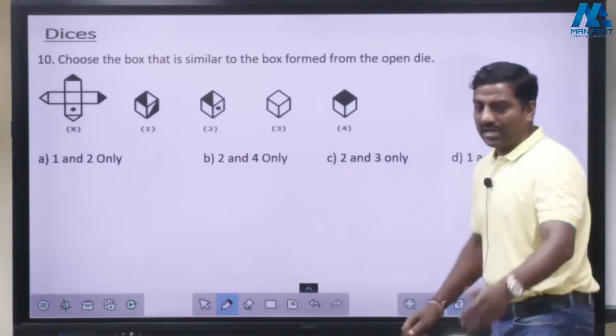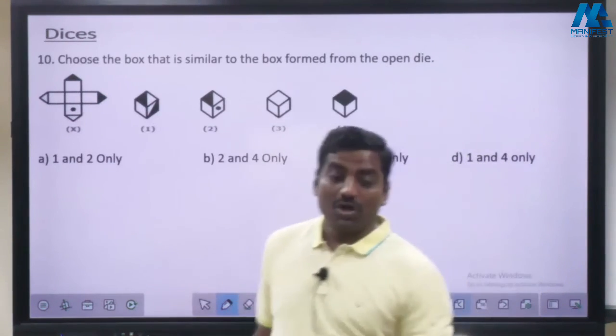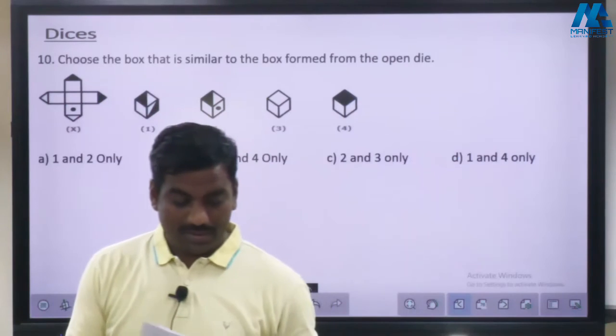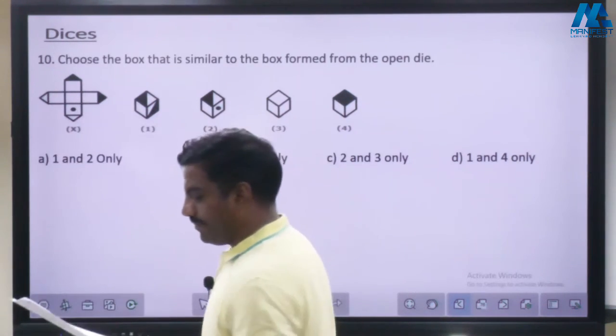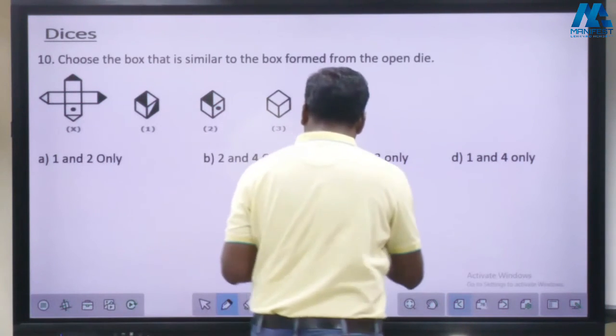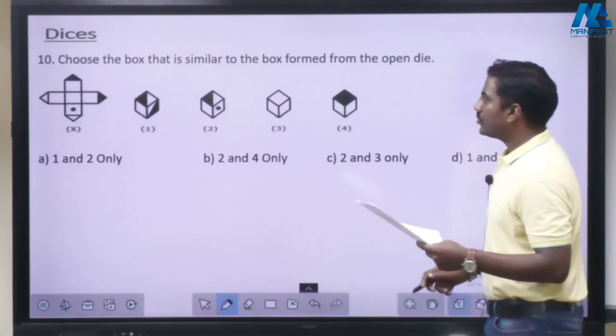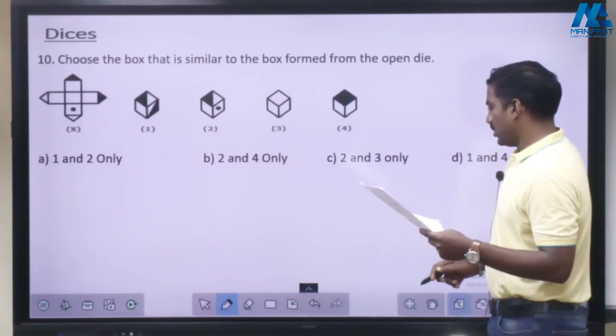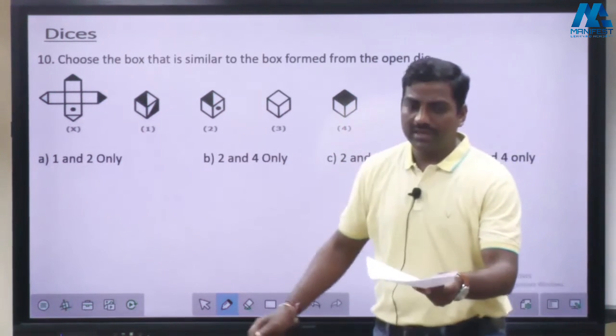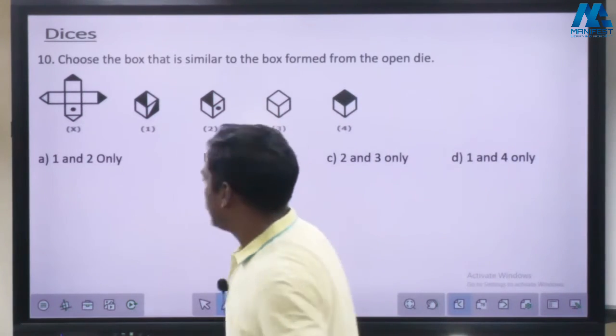Then one more thing I have left. Is it normal or the 11th one, no? 11th one, yeah. I think I have it in my laptop only. I'll check this.